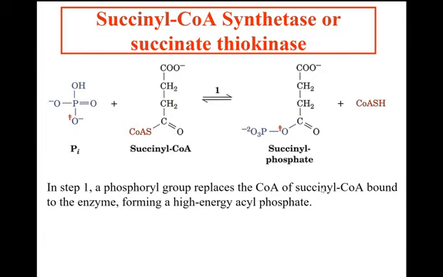And so the mechanism behind this is, in step one, the phosphoryl group replaces the coenzyme A of the succinyl coenzyme A that is bound to the enzyme, forming a high energy acyl phosphate. And that is shown right here, that high energy compound.